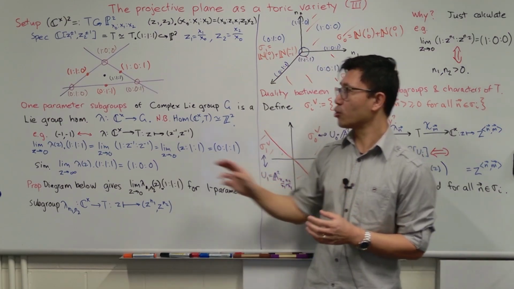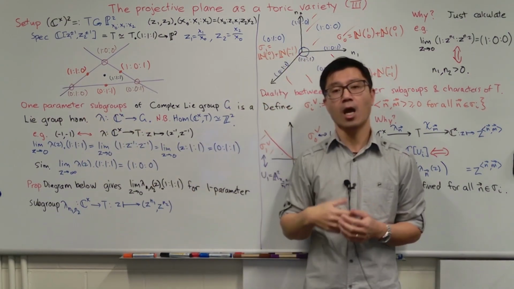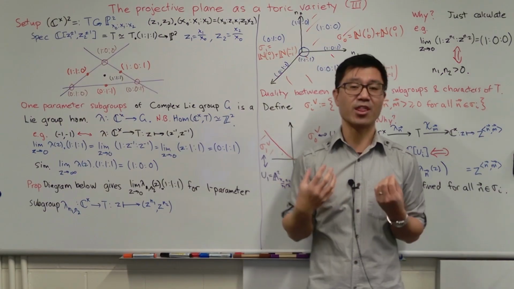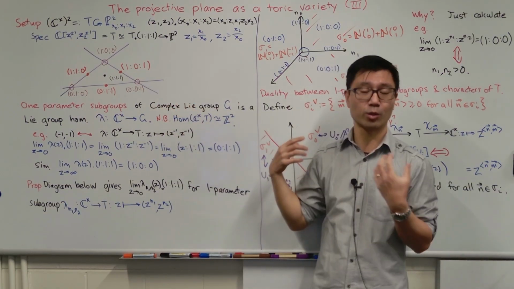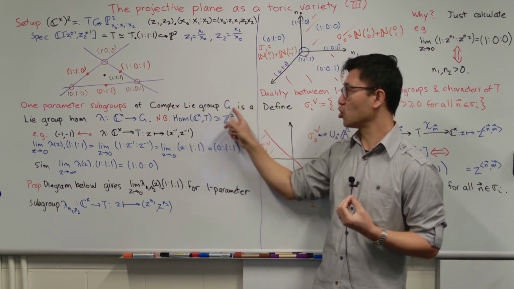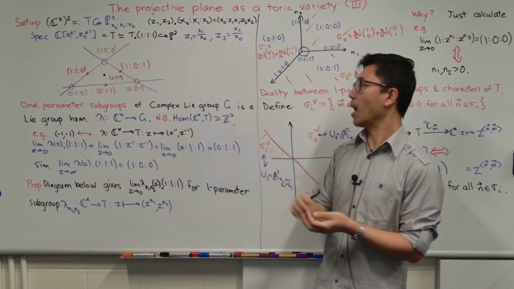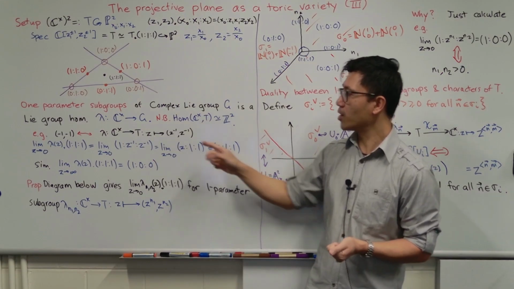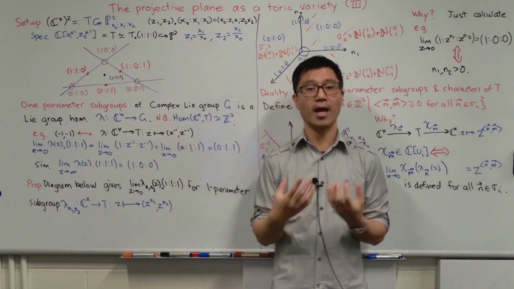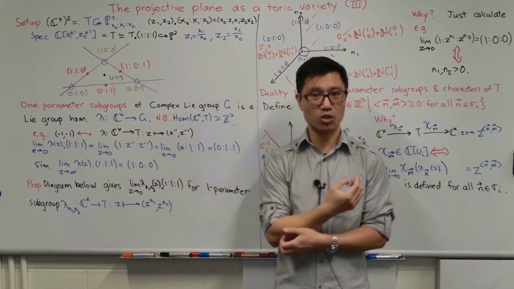Let's introduce the notion of a one-parameter subgroup, which is quite useful generally in the theory of Lie groups. Here we'll look at a complex Lie group and look at the version for that. Let's suppose G is our complex Lie group. And then what is a one-parameter subgroup of that? The first thing is that C cross, you can think of it as a one-dimensional group.